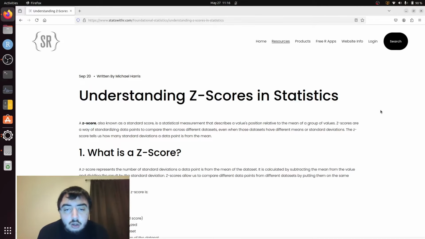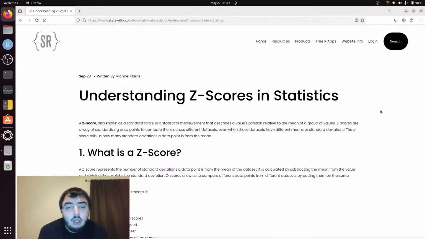Today I'm talking about Z-score. Okay, so a Z-score is a standardized score. And what we mean by that is if you repeat this process many times with different data sets, you will always end up with a set of values with a mean equal to 0 and a standard deviation equal to 1.